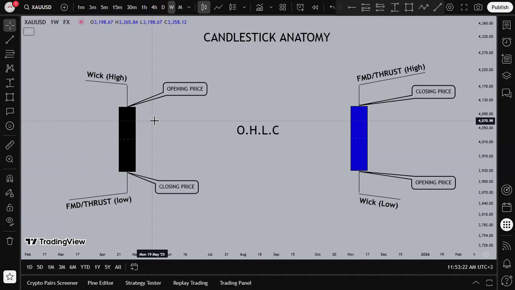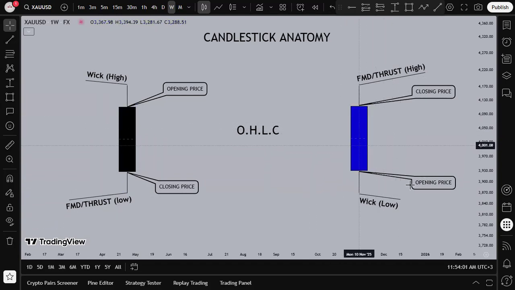So you can see the price went up like this, but the participants in the market at that particular period of time didn't agree to that price, so they pushed the price down to create the closing price or the opening price. Okay, so that is how the bearish candle is formed.